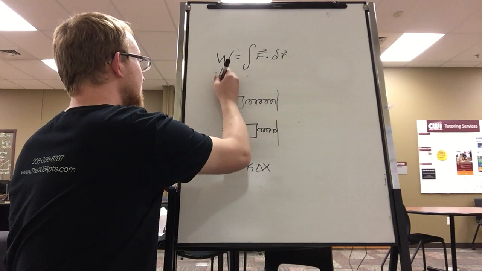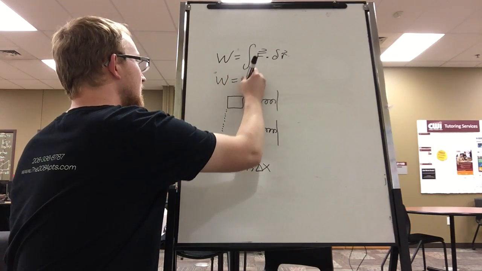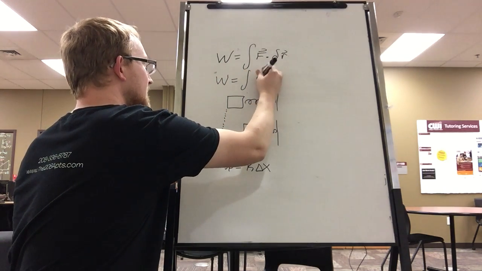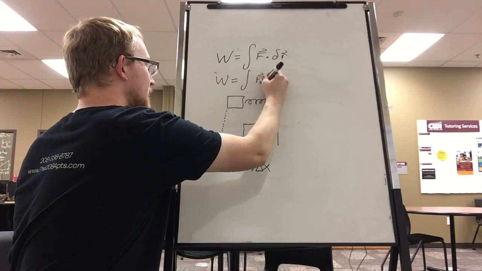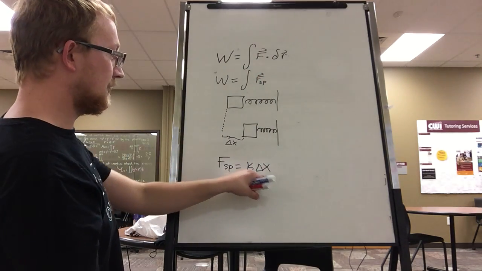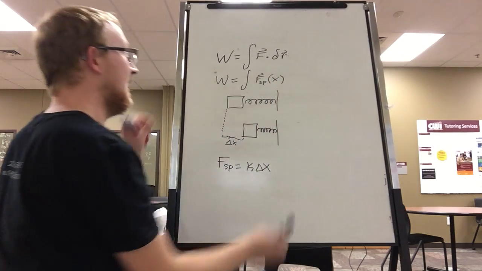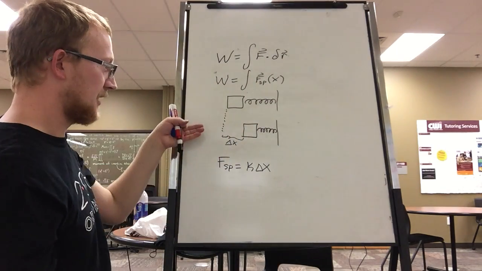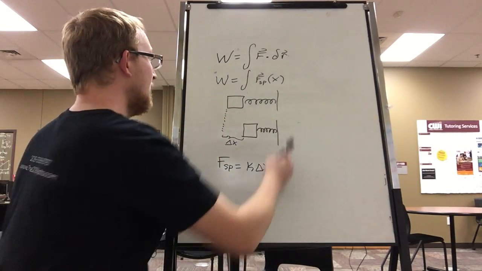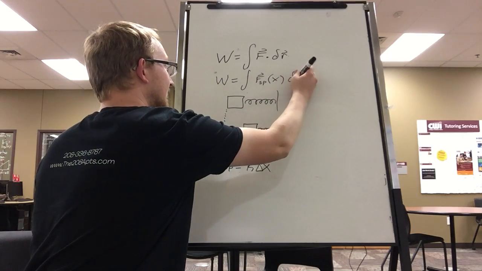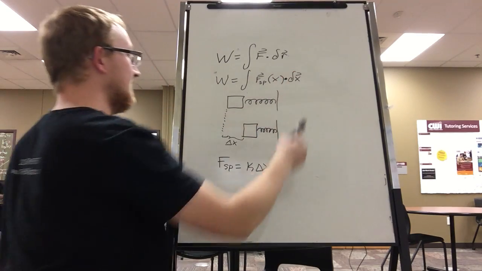So let's go ahead and write this in here. Work equals the integral of force, which in this case is the force of a spring, and you'll notice it's a function of x. And if dr is always in the x direction, which in this case it is, we can just call it dx. So F dot dx.